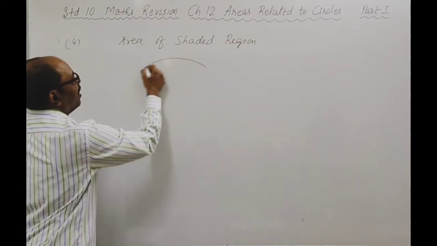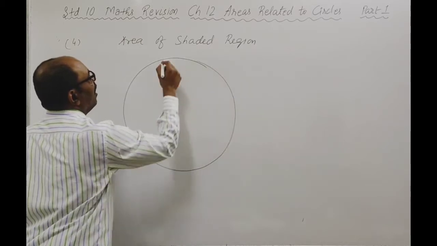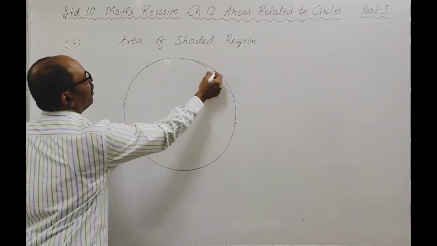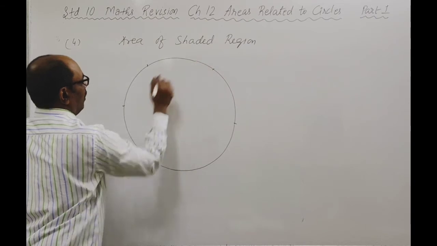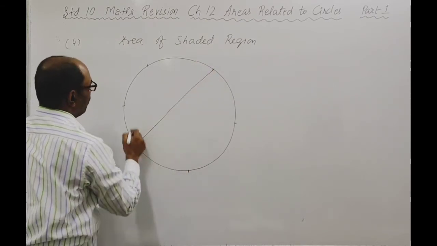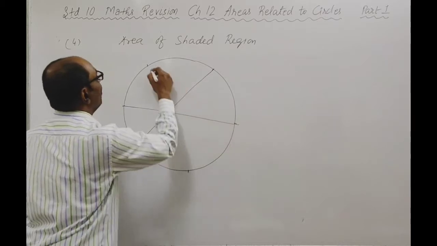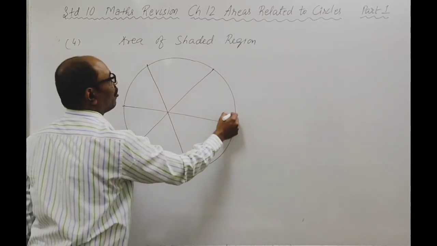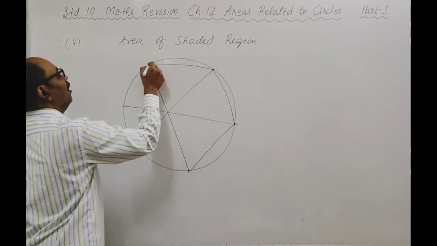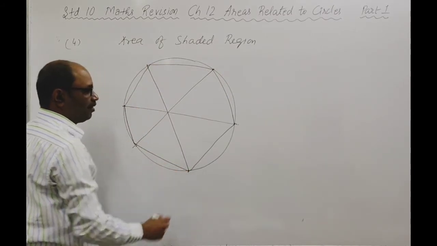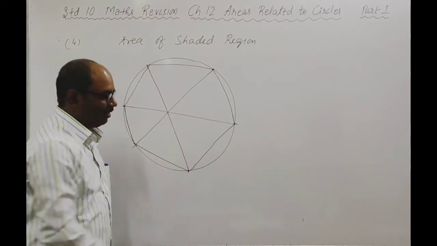So here is a circle, and in that there is a regular hexagon. Regular hexagon means what? How many sides hexagon has? 6. And regular hexagon means all 6 sides are equal.